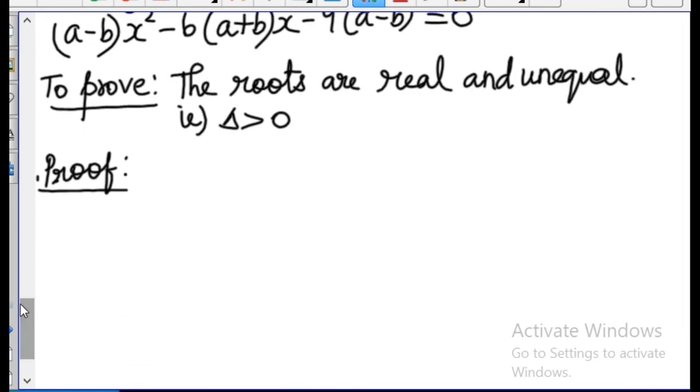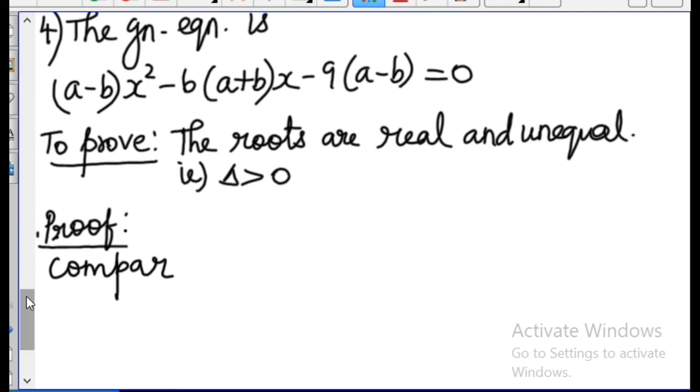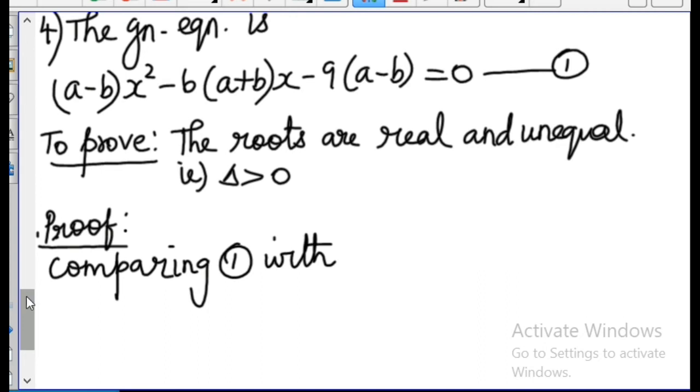So comparing with the first equation, in the question itself they are giving small letters, so here I use capital letters, Ax squared plus Bx plus C equal to 0.